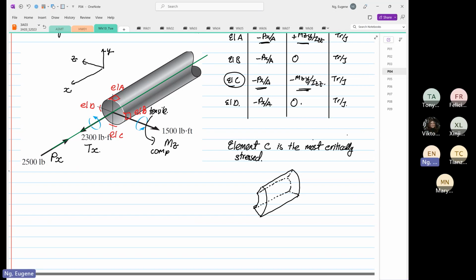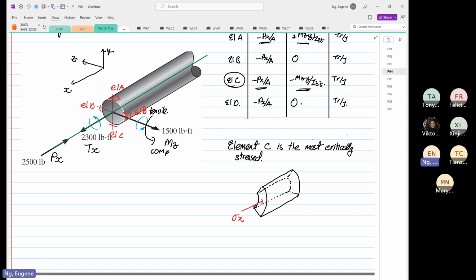Okay, and we know element C is going to see, let me change color, we know that it's going to see sigma X.